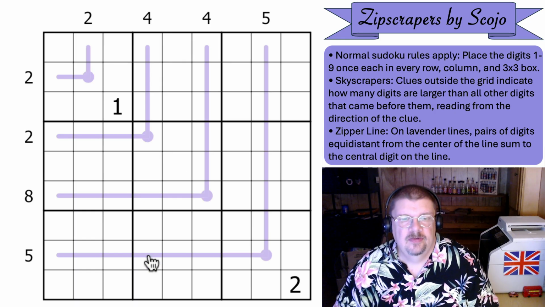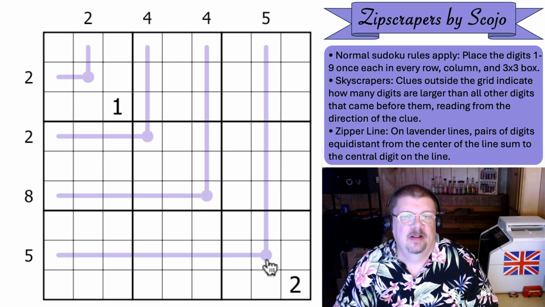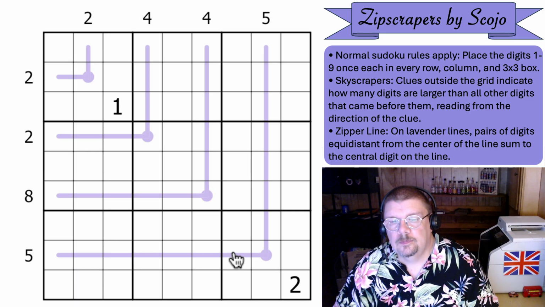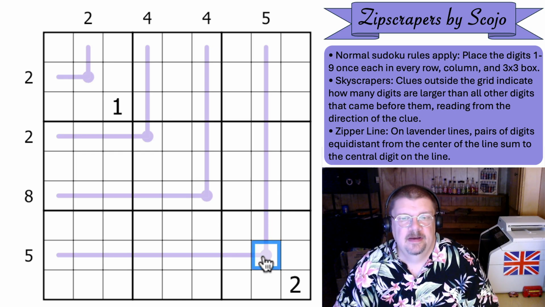A secret of zipper lines is I can't put a 9 on a zipper line except in the central cell when they're odd length zipper lines, because if I tried putting a 9 here, for example, then I would need to add something to it to get to this value, but I can't add anything that takes me beyond 9.